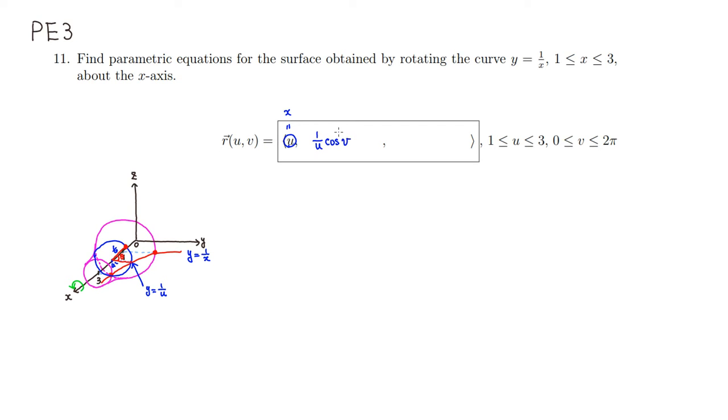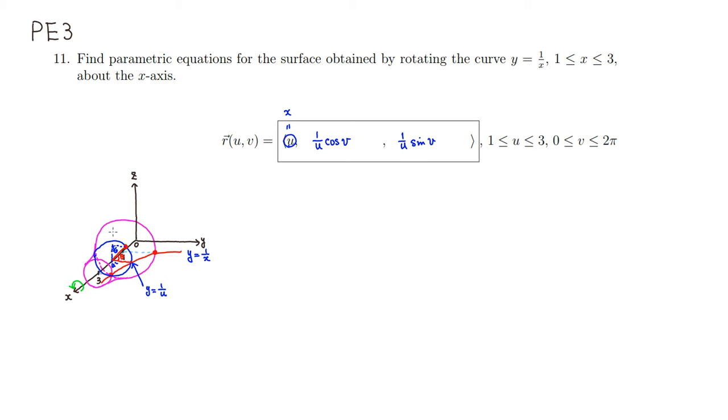Then the z component is going to be 1 over u sine of v, since we're just looking at the z component up here.